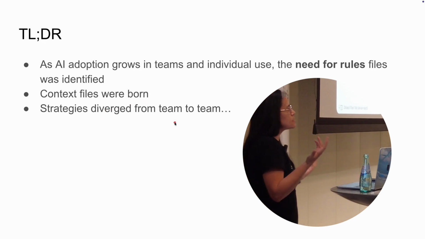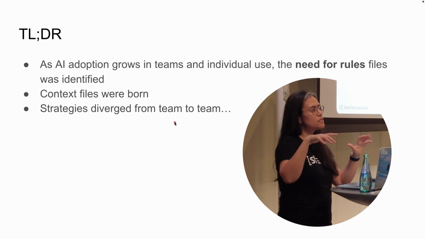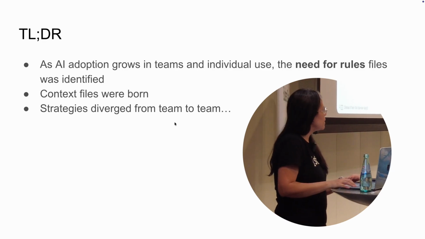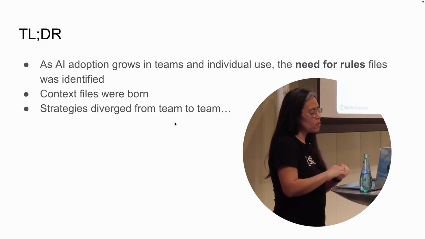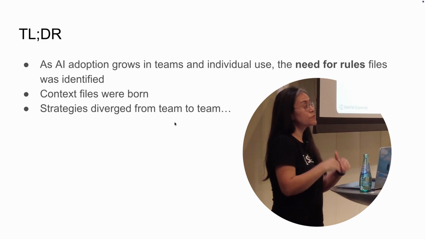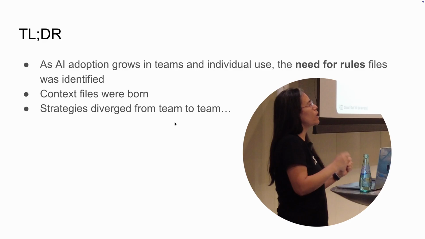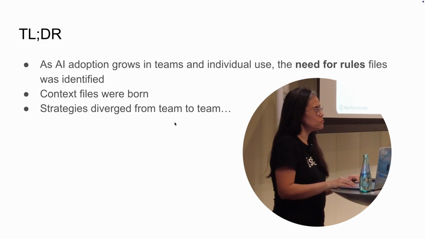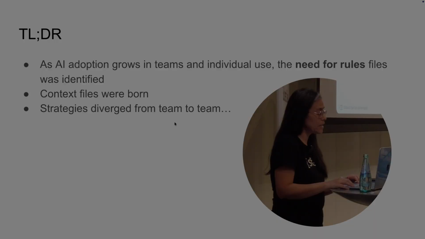And the thing is that many different teams adopted many different strategies, going from having small to very big context files. And lately, in these past few months, I want to say, a lot of studies have come up where people have assessed the impact of those context files on the output of the answer.